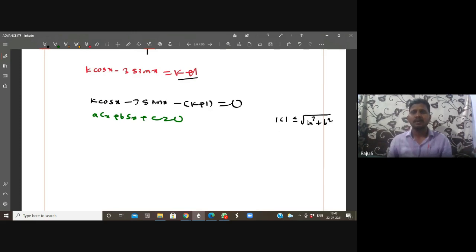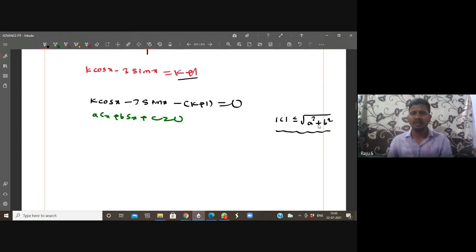When we remove this modulus, we get plus or minus, the same condition. The lowest value is c minus root over a square plus b square, and the highest value is c plus root over a square plus b square, which represents the range.